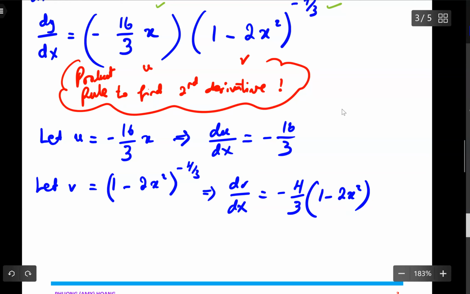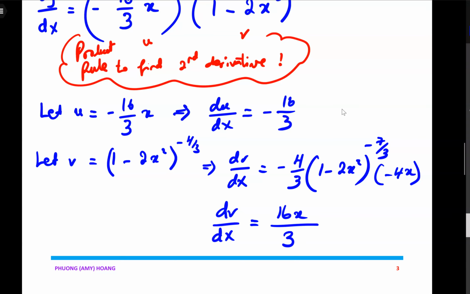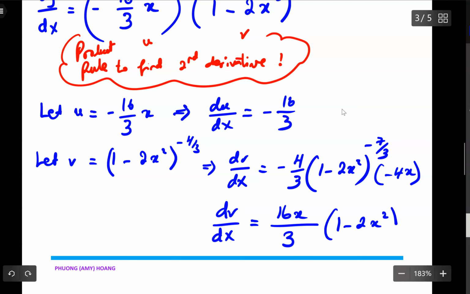Negative 4/3 minus 1 will give me negative 7/3. And then I multiply by negative 4x, as a chain rule. Then dv over dx, simplify this, I should have 16x over 3 as positive, and then I multiply this with 1 minus 2x squared to the negative 7/3.